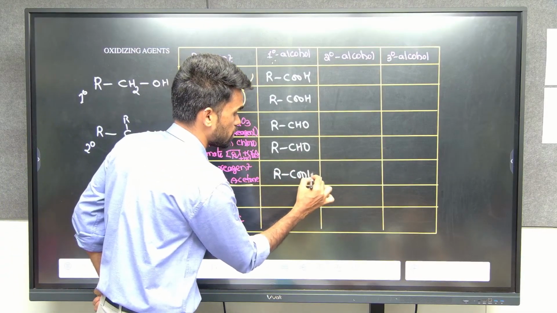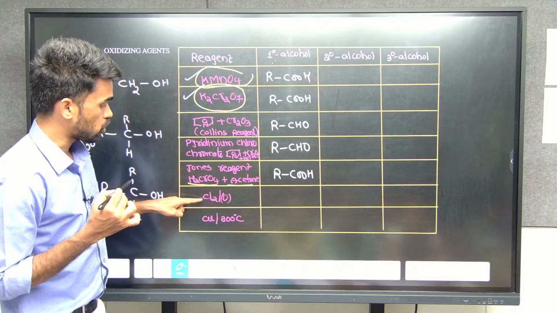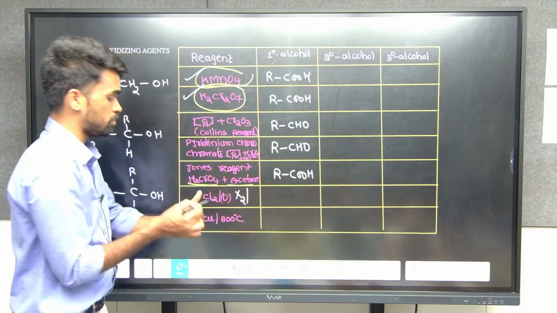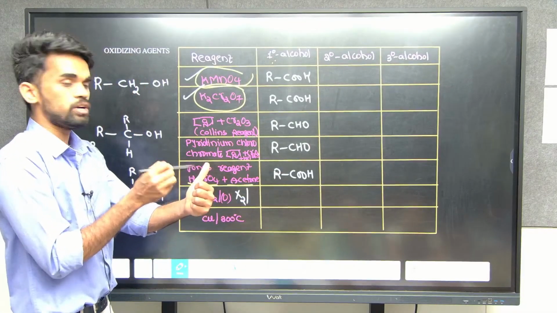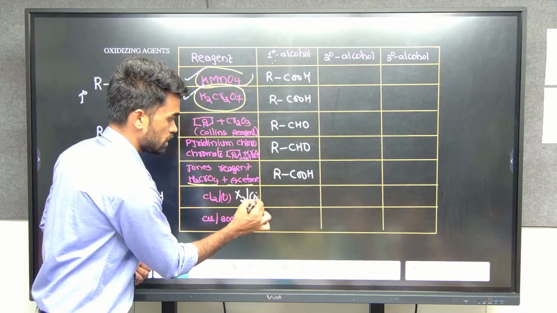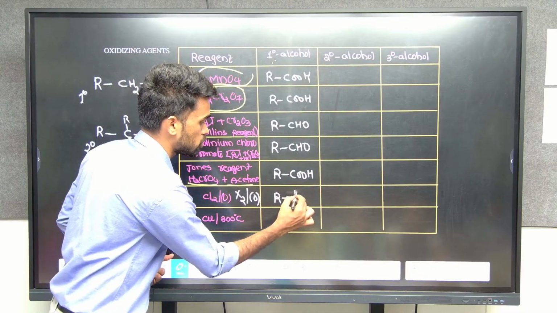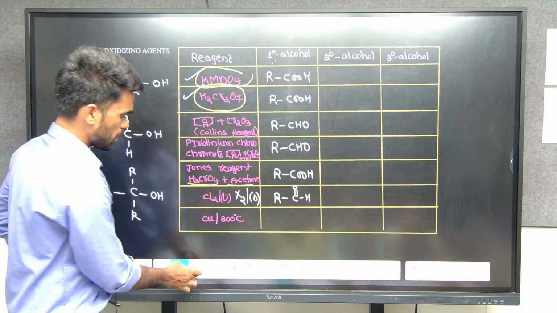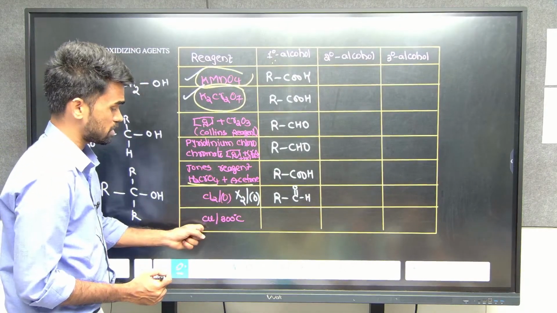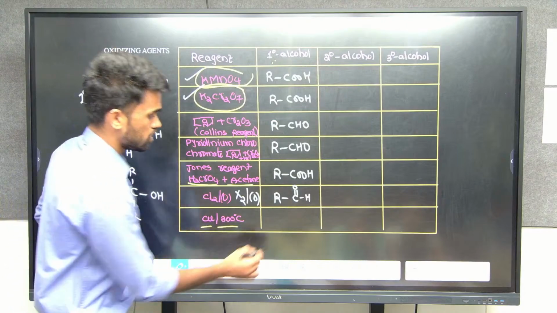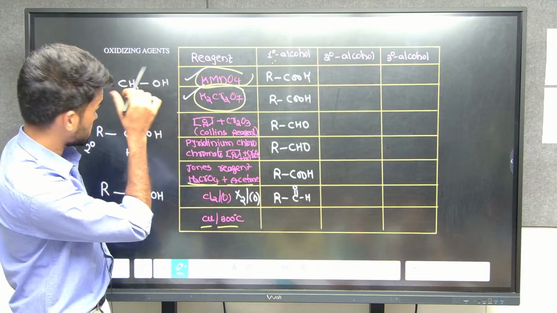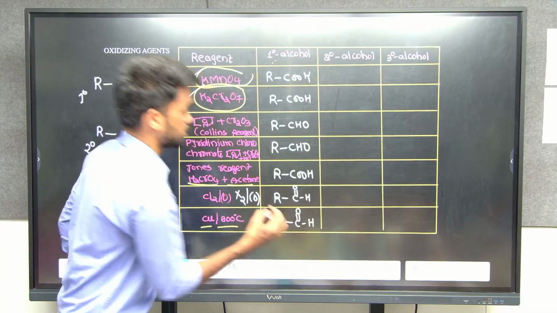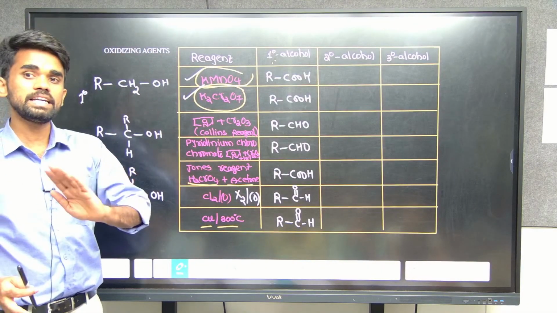With halogen X2, which can be Cl2, Br2, I2, oxidation gives you aldehyde. With copper metal also, just mention this as aldehyde.